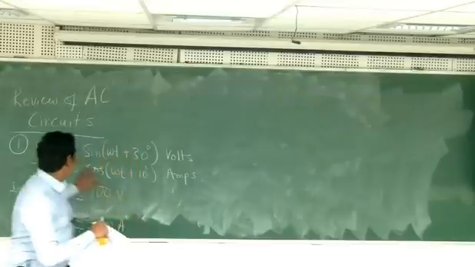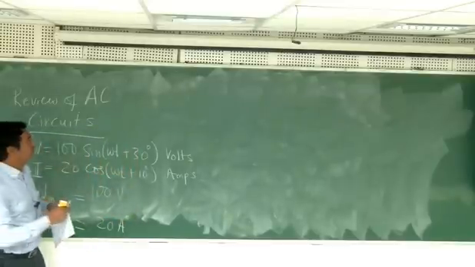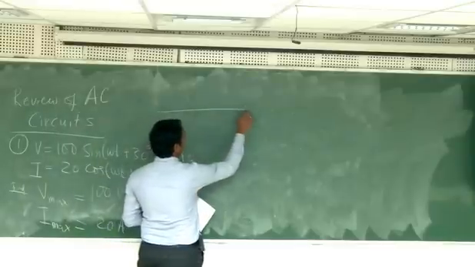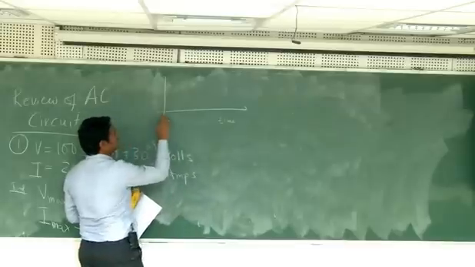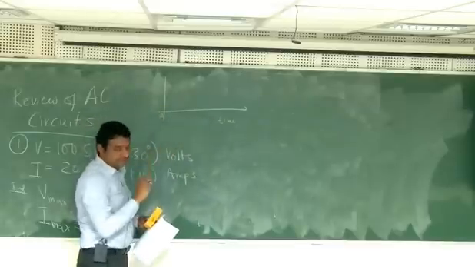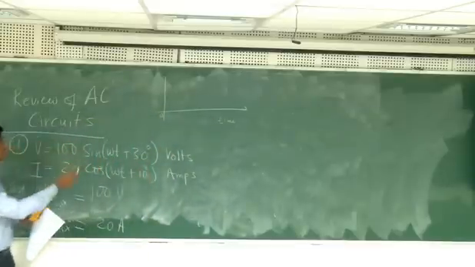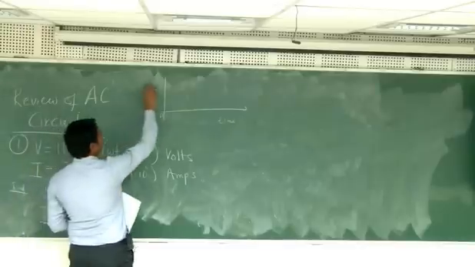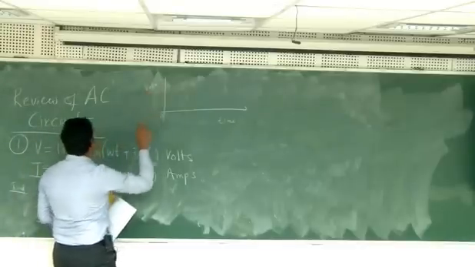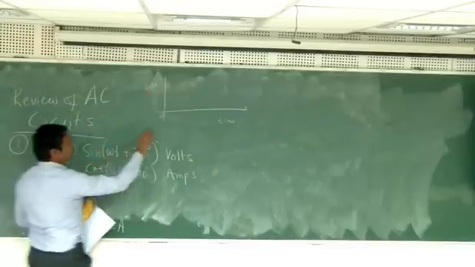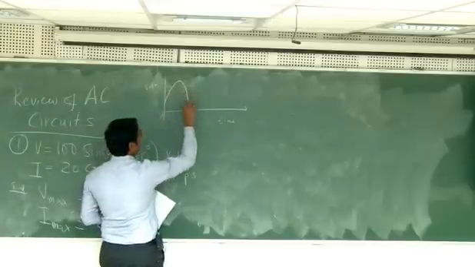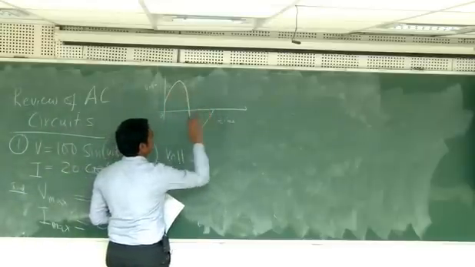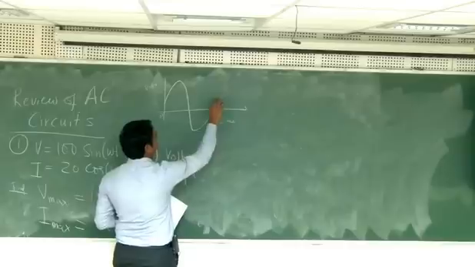So if I take time on the x-axis, where t equal to 0 and then the time is increasing, and on the y-axis I put the voltage, and then I draw this, how will it be? It will be something like this, and then up to here.